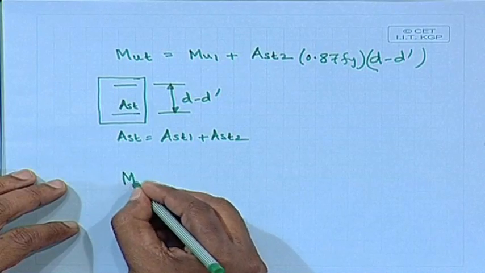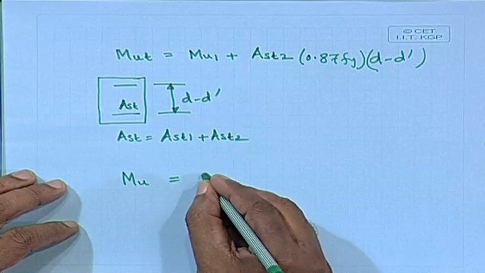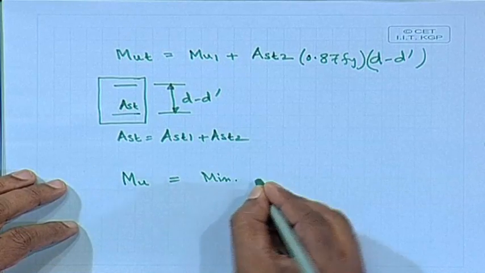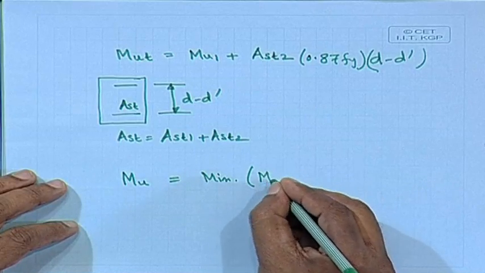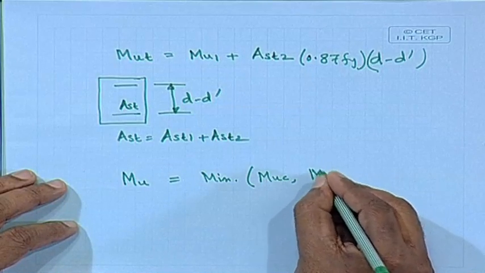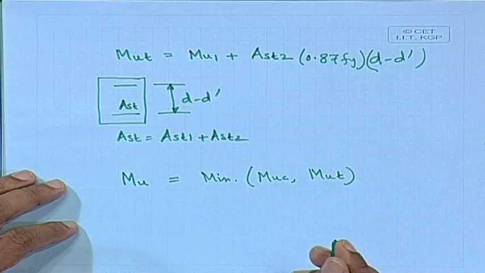So, on one side we are doing it due to concrete failure, the other side we are doing it due to steel reaching the yield stress. We shall find out the two moments of resistance, and whichever is the lowest, obviously we have to take that. So, moment of resistance equal to minimum of MUC and MUT.